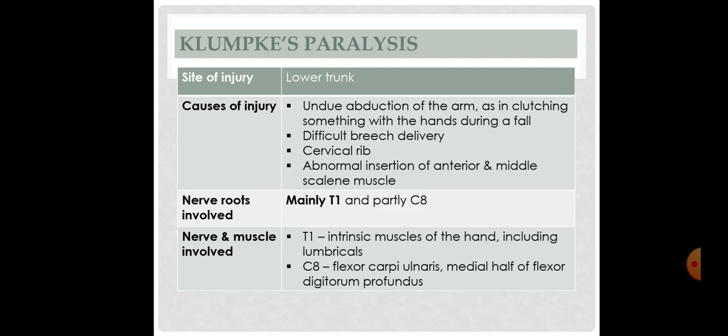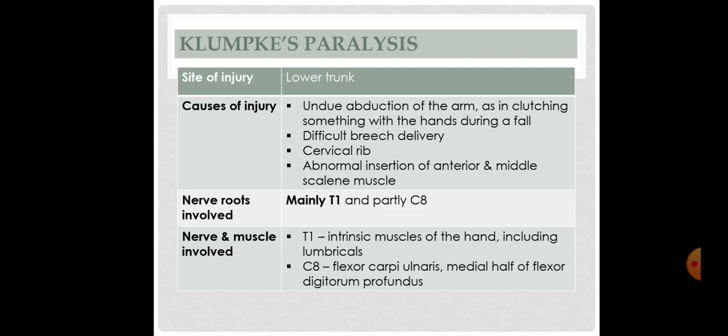So, what are the nerves and muscles involved? When T1 nerve root is involved, it mainly supplies the intrinsic muscles of the hand, all the intrinsic muscles of the hand, that may include interosseous muscles and lumbricals muscles.